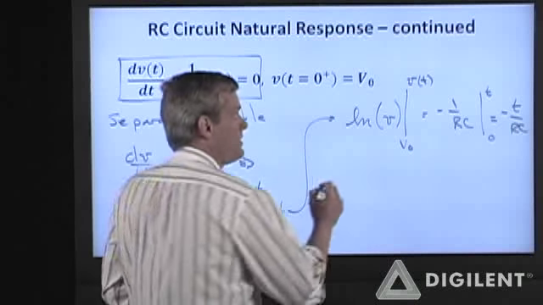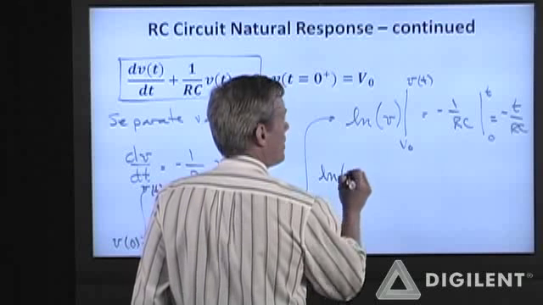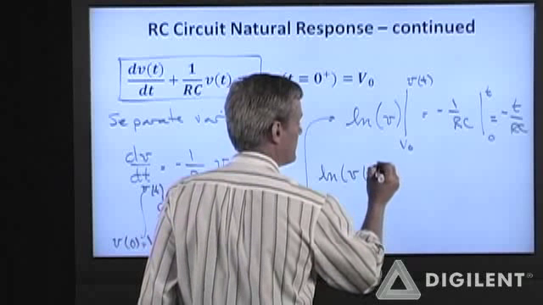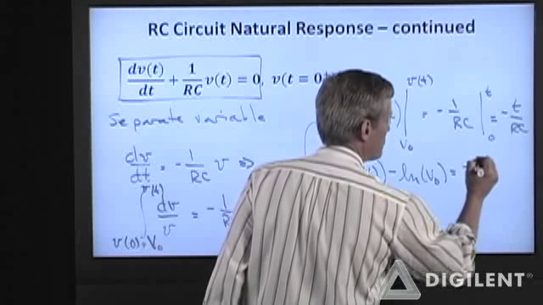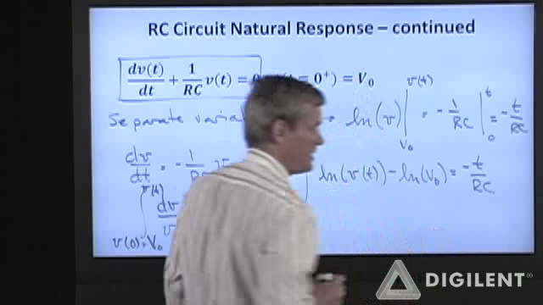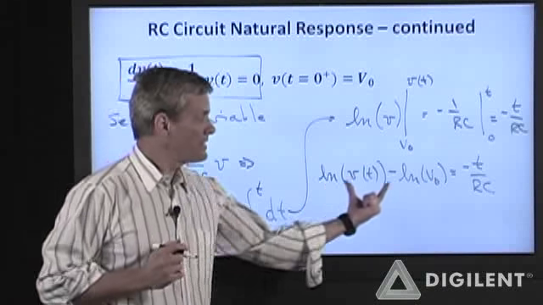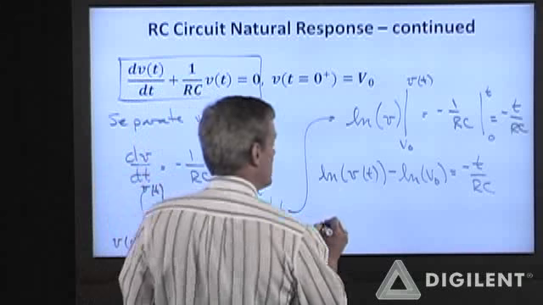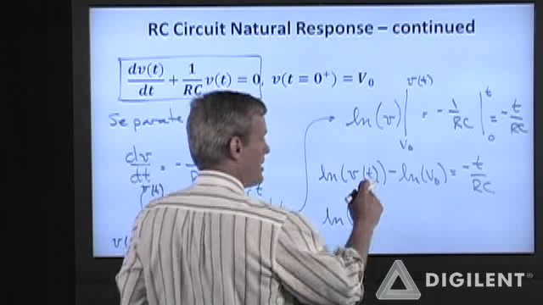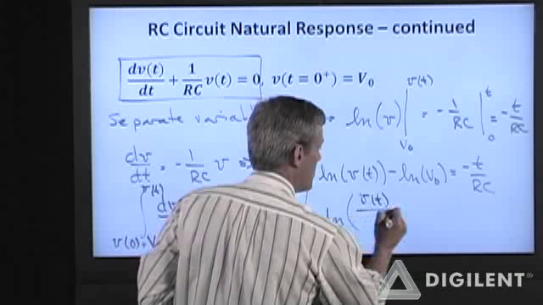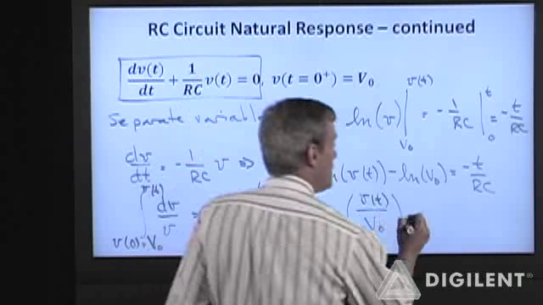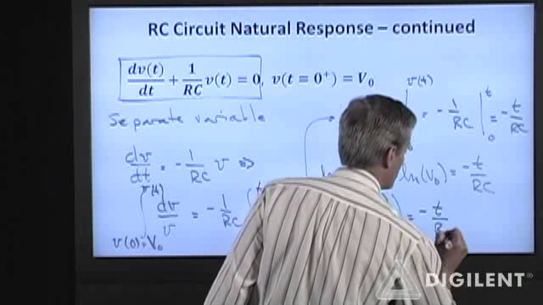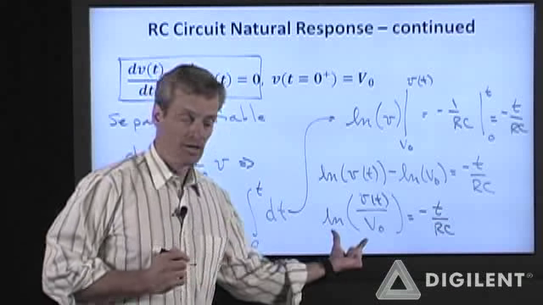Natural log of V becomes natural log of V of t minus natural log of V0 is equal to minus t over RC. This can be rewritten as the natural log of the ratio of V of t over V0, by the rules of logarithms, is equal to minus t over RC.